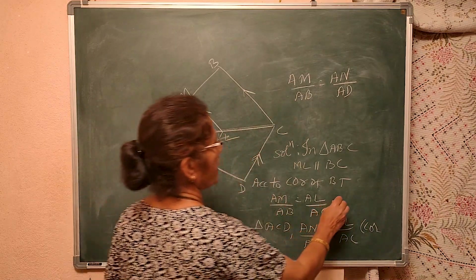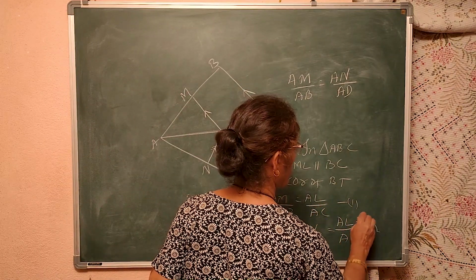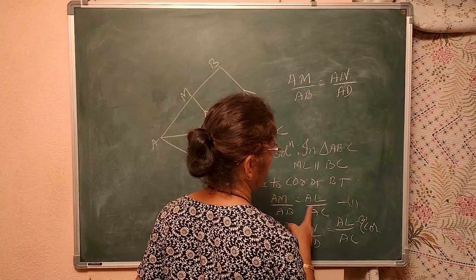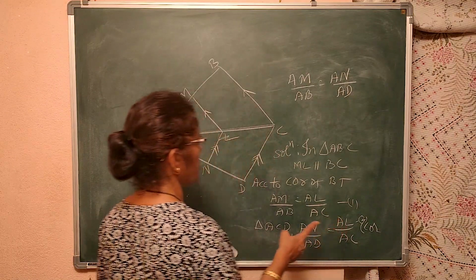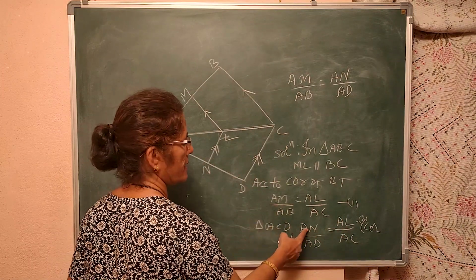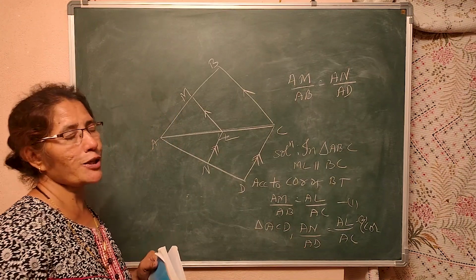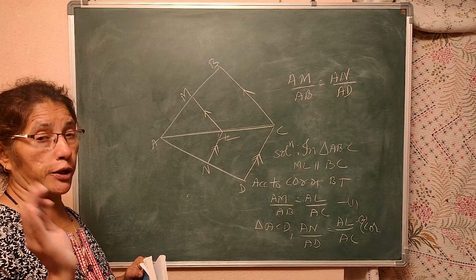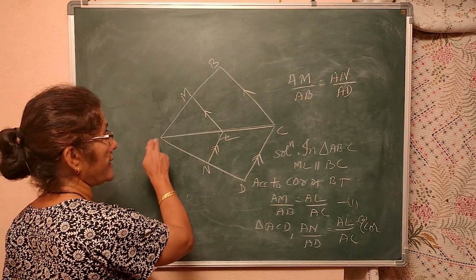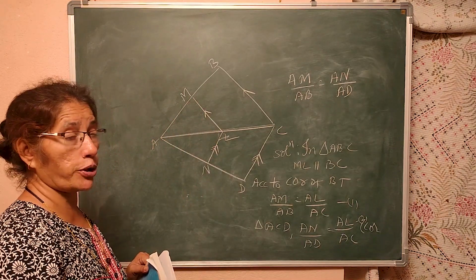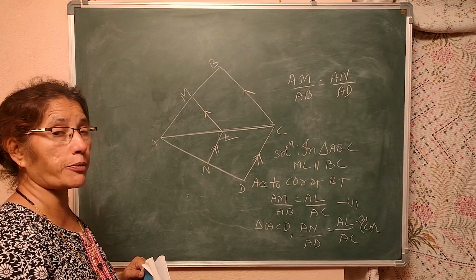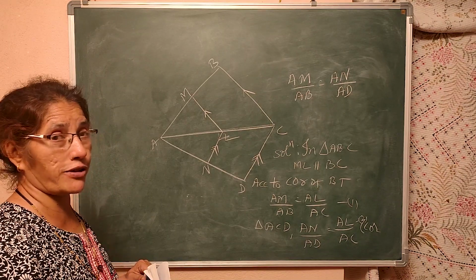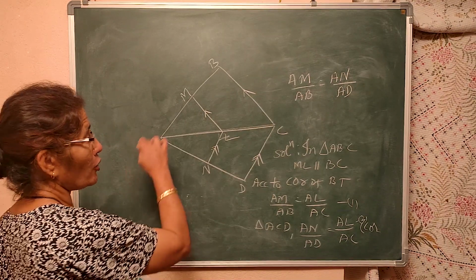Comparing this, you can call it as 1, call it as 2. Comparing 1 and 2, right hand sides are equal. So AM by AB is equal to AN by AD. That's all. You have to understand what to use, when to use. If you don't use the corollary and you use basic proportionality theorem, you get into trouble. So you have to use corollary.